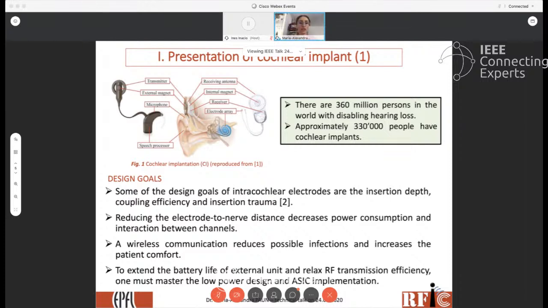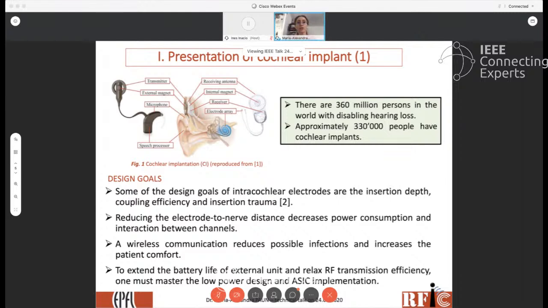This microphone is used to pick up the sound signal from the outside and then transmit it to the antenna, and therefore further on to the inside antenna. Lastly, at the very end, it will reach the electrode array in the cochlea, in order to make an electrical stimulation of the cochlea.